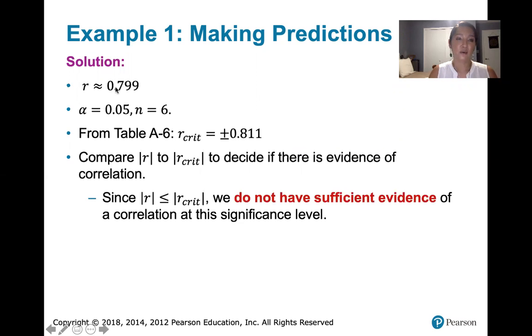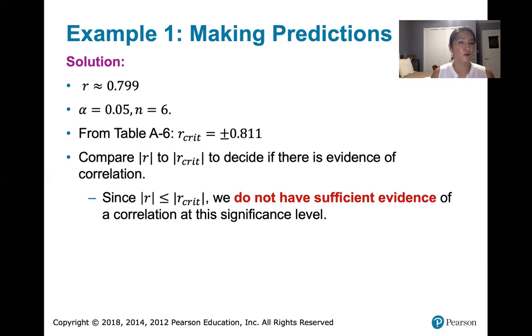Since the absolute value of our r is 0.799, and that's less than this 0.811, the absolute value of both of our critical values, that means the r value is in between the 2 critical values. And that means we don't have sufficient evidence of a correlation at the significance level with this sample size. If we made the sample size larger, the critical values would come down a little bit.